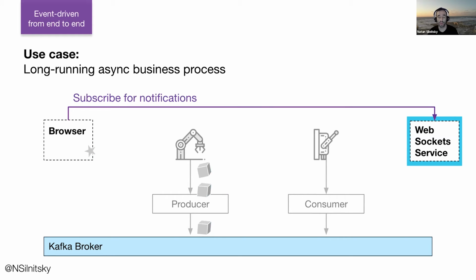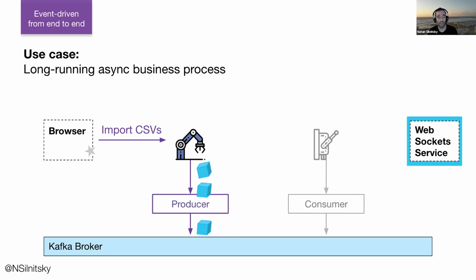So how do we do this event-driven? We can have the browser subscribe to get notifications, moving from HTTP to WebSockets. So we have a WebSocket channel, and the channel ID will be part of the request to start the import process. So the jobs service gets a request to import CSVs or from Gmail, etc., and it also includes the channel ID.